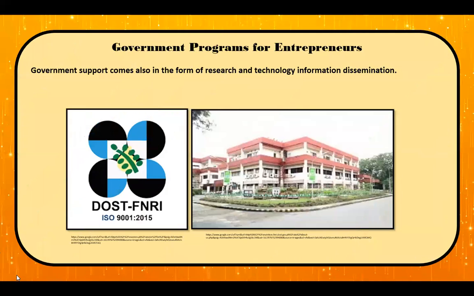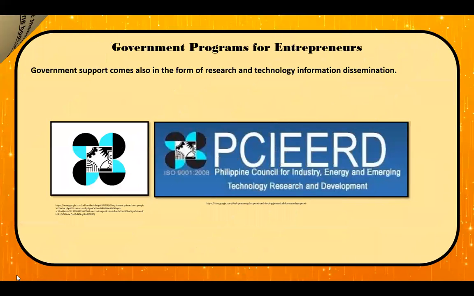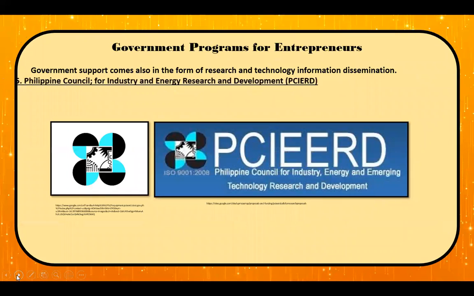We also have the Food and Nutrition Research Institute, or FNRI. So it undertakes research in line with food and nutrition in the country and provides technical consultancy. We have also the next one, which is the Philippine Council for Industry and Energy Research and Development, or PCIERD.